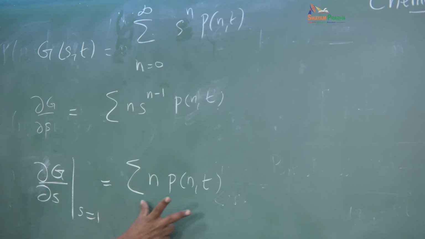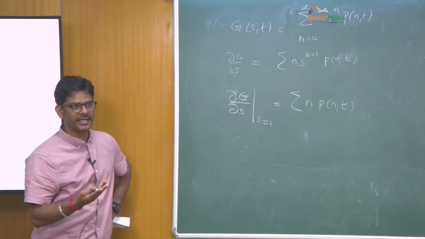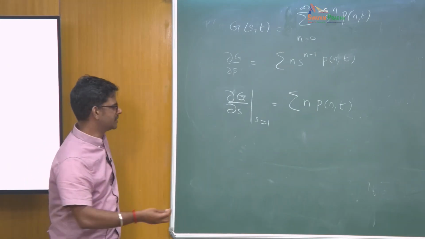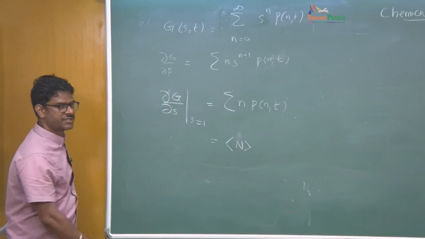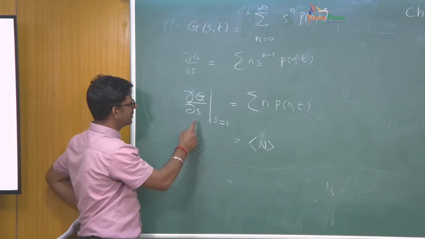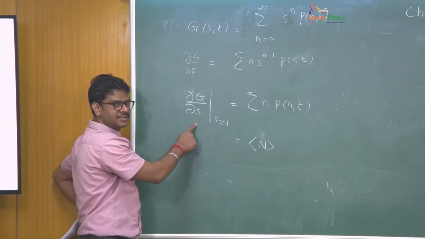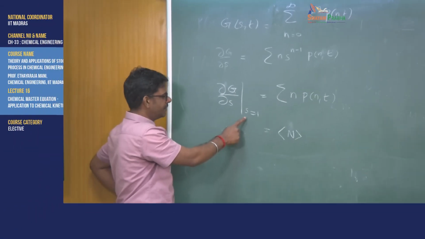What is this quantity? Expected value or the mean, isn't it? So this is nothing but my mean. So if I'm interested in getting the mean value, all I need to do is get the first derivative of g with respect to s and then evaluate that differential at s equal to 1.